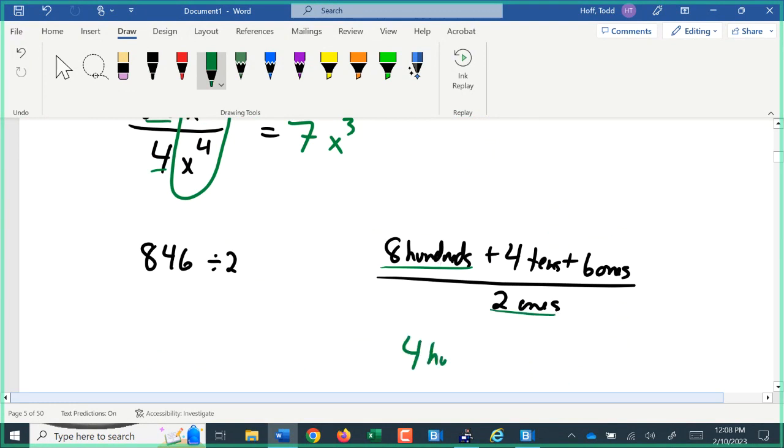Hundreds divided by ones is still hundreds. 4 tens divided by 2 ones. 4 divided by 2 is 2. Tens divided by ones is still tens. And 6 ones divided by 2 ones. 6 divided by 2 is 3. Ones divided by ones is ones. 423 we get.